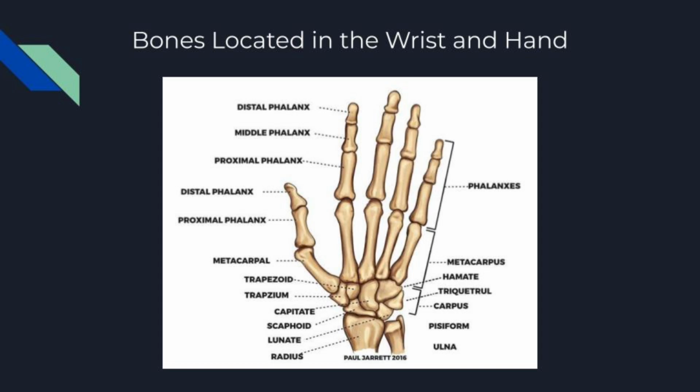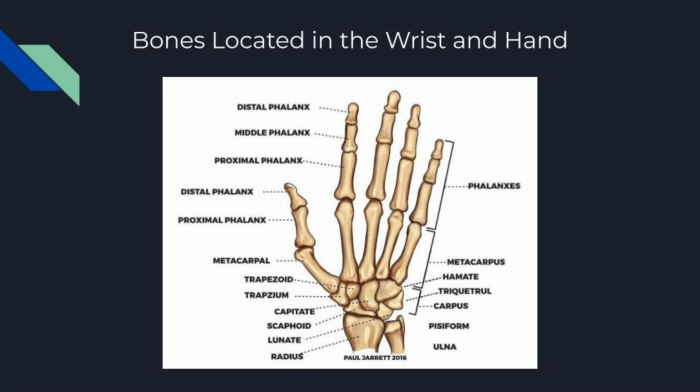So I decided to include the bones in the wrist and the hand and just put them all in one slide. This image really shows you all of them. If I were to read all these off to you, I'd probably butcher half the names. But if you look below the wrist, you can see the ulna and the radius that were described in the last slide. And you should recognize a lot of these bones because we did talk about them in class.